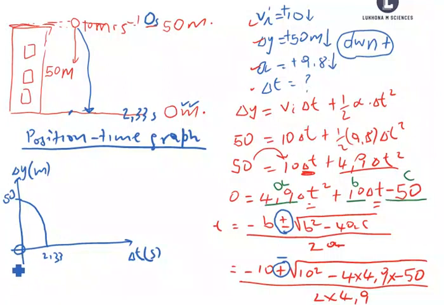Okay. Then let's go to the velocity-time graph. When we draw the velocity-time graph, we need velocities and time. So we know that here the time is 0 seconds, that is the starting point. Then the time here is 2.33, right? We need the velocities. Now we know the velocity here is 10, which means we need the velocity here, right? Now let's collect the data and calculate the velocity.